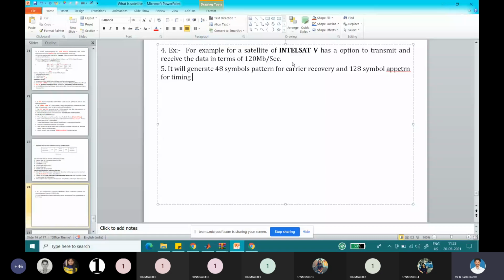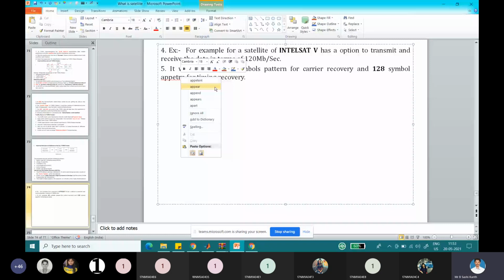So what does it indicate here is that it is generating a pattern of 48 symbols, and it is generating a pattern of 128 symbols for timing recovery. So these all are generated in terms of the satellite.